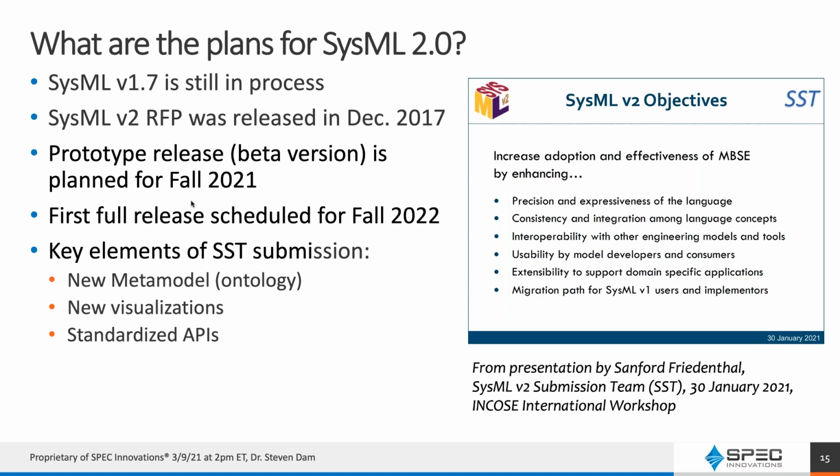Some of the key elements of this group, which I believe is one of the 2 groups planning a submission, the SST group: they're planning a new metamodel ontology, new visualizations and standardized APIs. Those all sound like good things, and I'd be excited for that, because it would help us interface with them better. So I'd be happy.